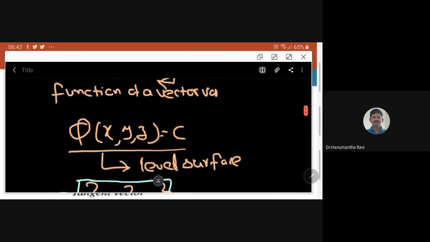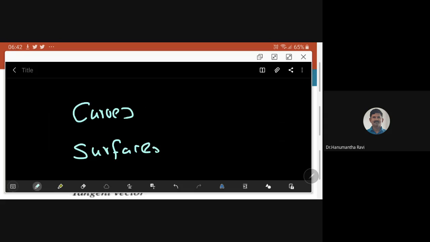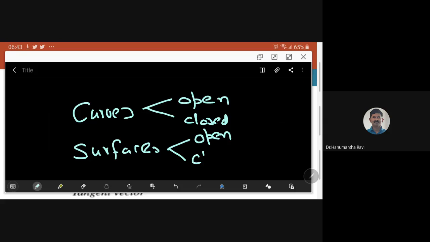These are geometric objects of three-dimensional space. You can move along curves or on surfaces. There are open curves and closed curves, and in a similar way we have open surfaces and closed surfaces.